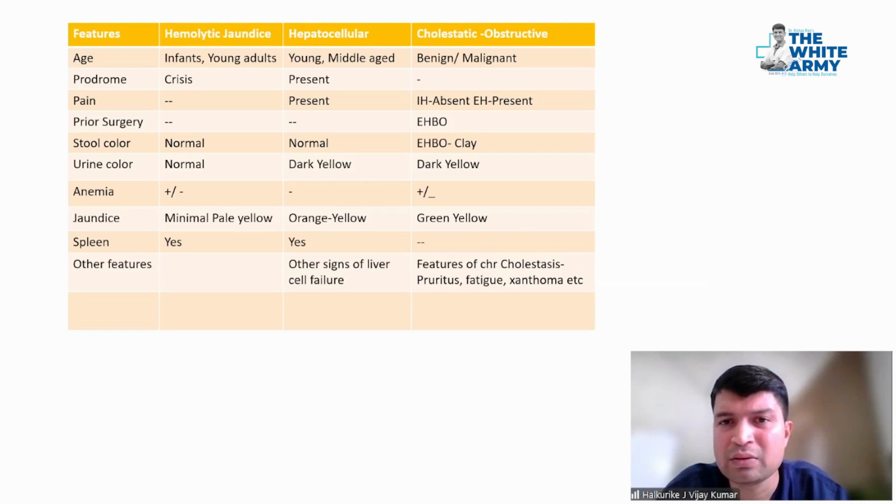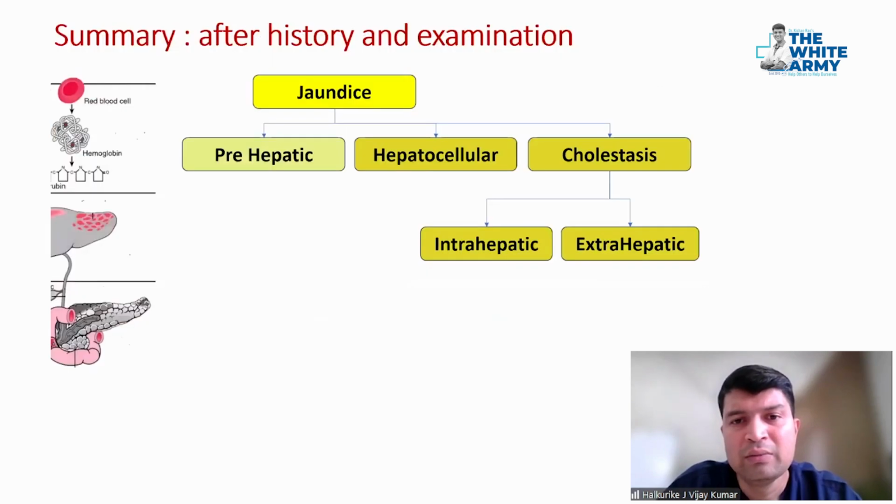So these are the features. There are other features which will support hemolytic, hepatocellular, and obstructive jaundice. This shows how to differentiate clinically. So by the end of the history, we should be able to differentiate prehepatic, hepatocellular, and cholestasis, intrahepatic and extrahepatic.